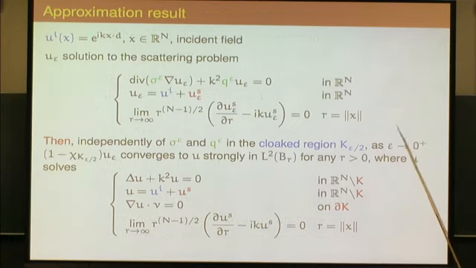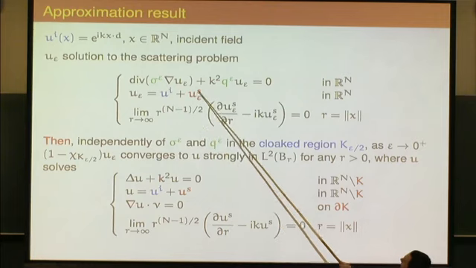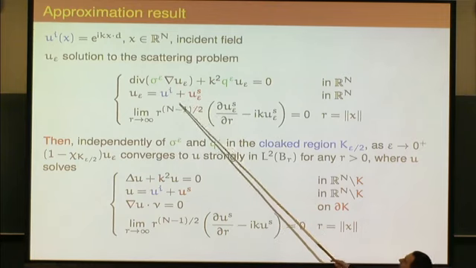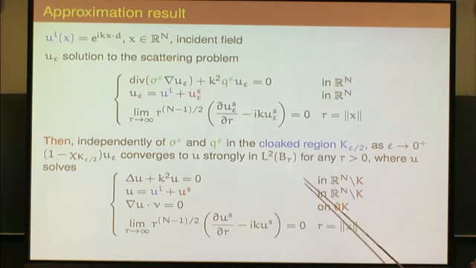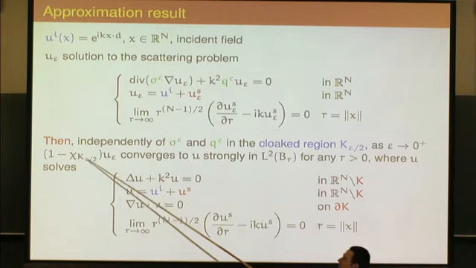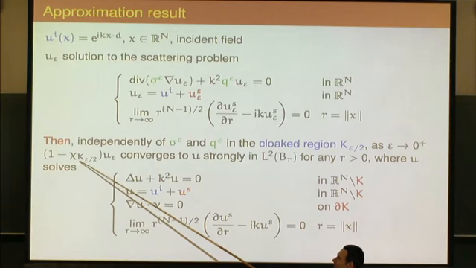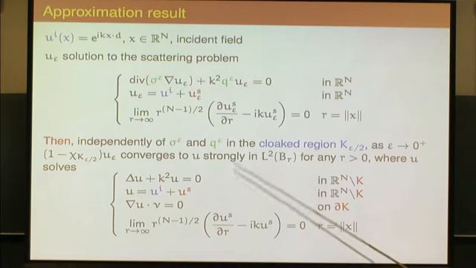And then what you can do is the following. You can take an incident field and solve the usual scattering problem with this non-homogeneous medium. And then what happens is, as epsilon goes to 0, no matter what you have in the cloak region, this function, which is put to 0 in K epsilon half, converges strongly to the solution to the problem where K is a Sobolev scatterer.